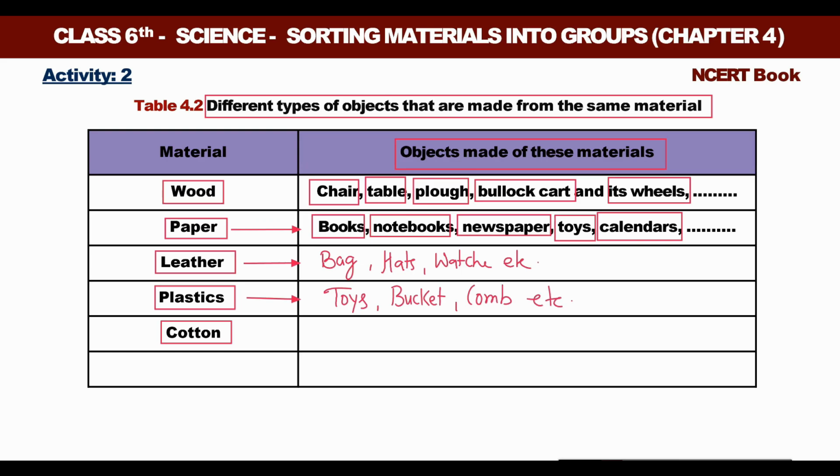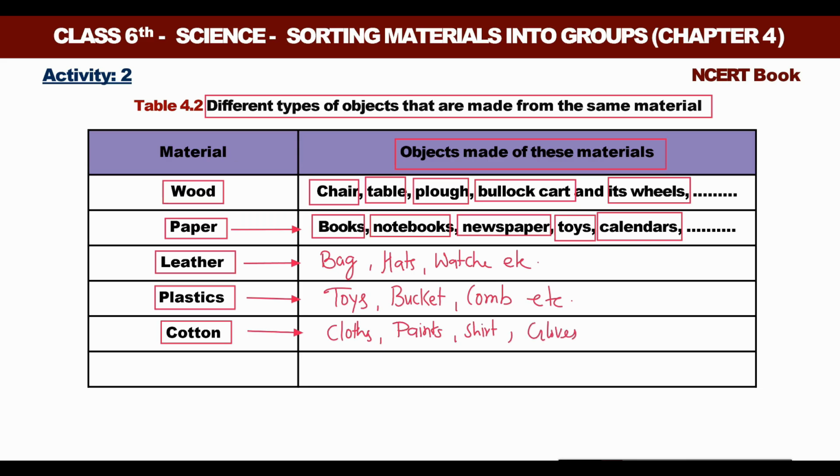Plastics. You can also categorize which are made up of cotton. Your clothes are made up of cotton, your pants are made up of cotton, your shirt is made up of cotton, maybe your gloves are made up of cotton.